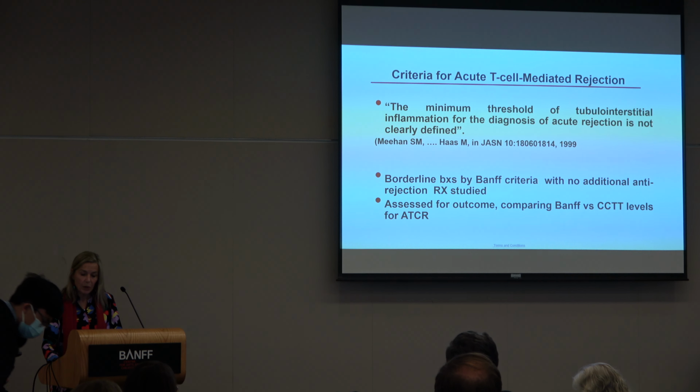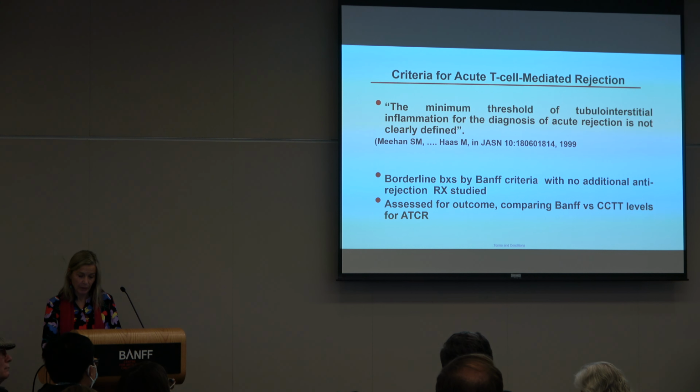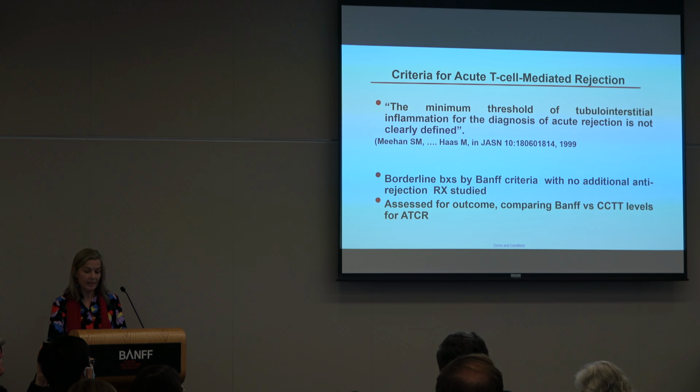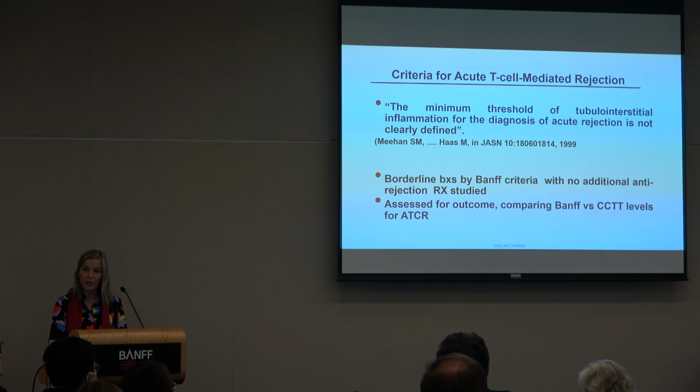So let me quote some of the early studies that tried to deal with this by great leaders, including Mark Haas here. He did a fantastic study over 20 years ago where he said the minimum threshold of tubular interstitial inflammation for the diagnosis of acute rejection is not clearly defined. So they looked at borderline biopsies, this big dangerous zone that I've defined for you, by Banff criteria, who had no additional anti-rejection therapy.